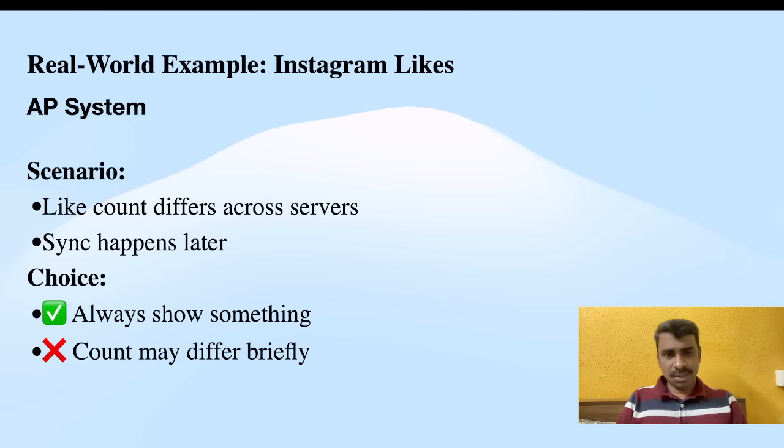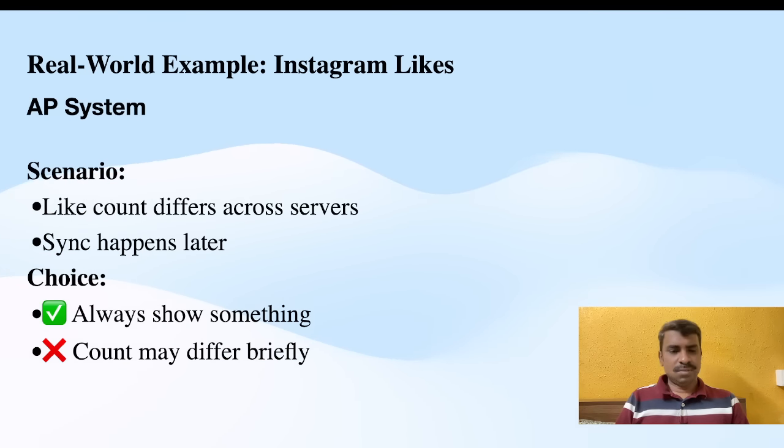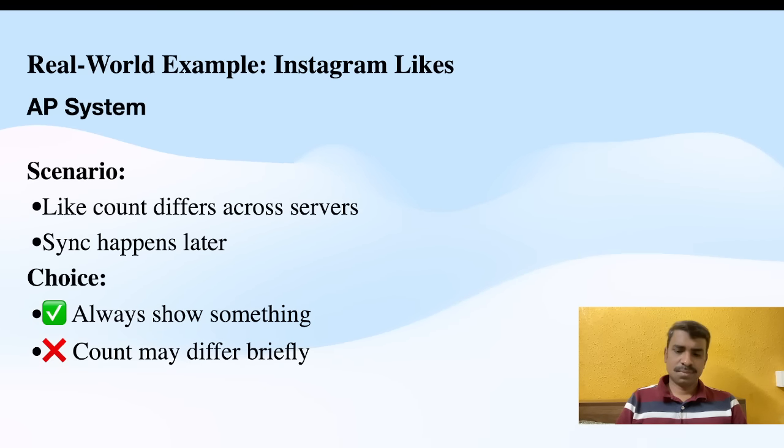Syncing between servers may not happen frequently, it may take some time. During that time you can still see something, maybe a slightly different count. That is fine, it is not a big deal, right? So this is a real world example of an AP system.